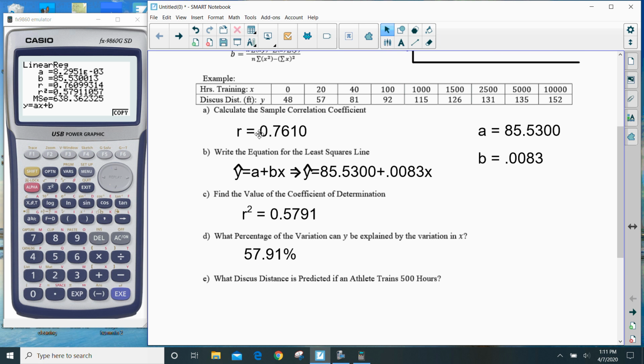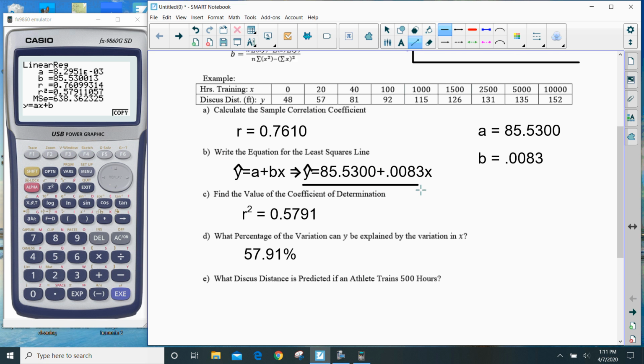Okay, so that gets us through the majority of these problems right here. Last but not least is the prediction that we're asked to make. And where this prediction comes from is our equation, which is right here.